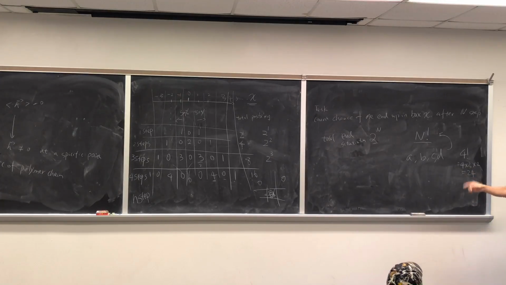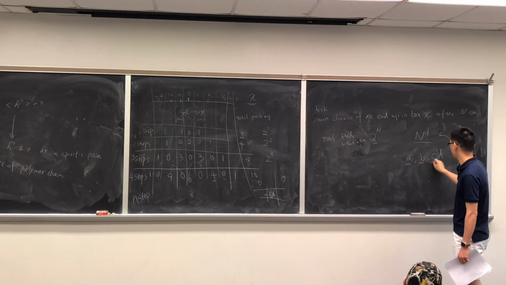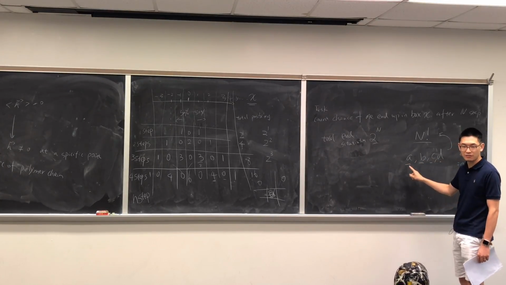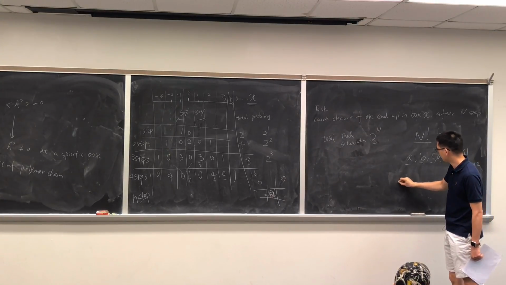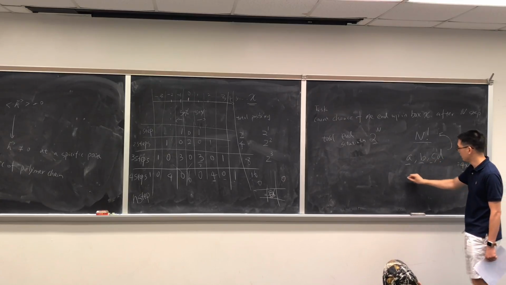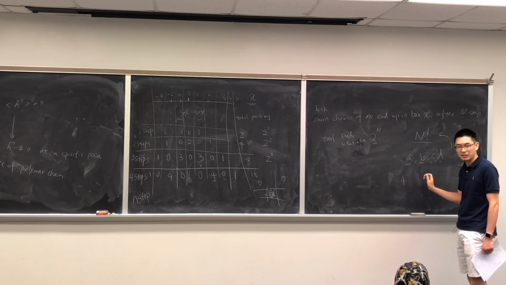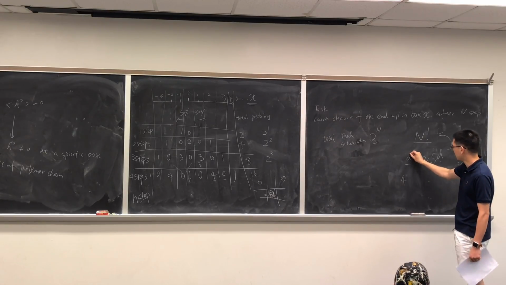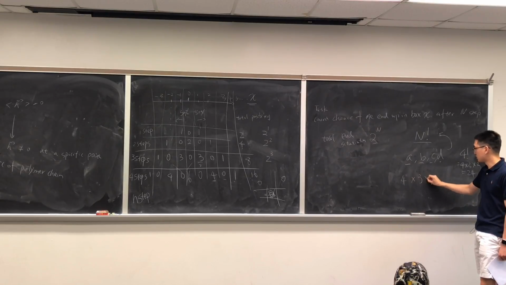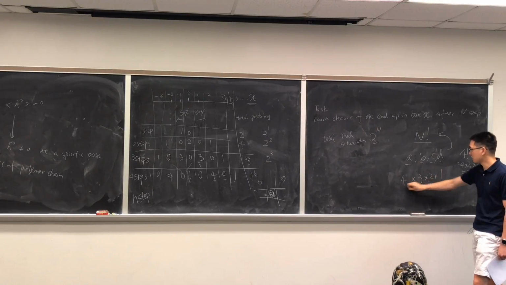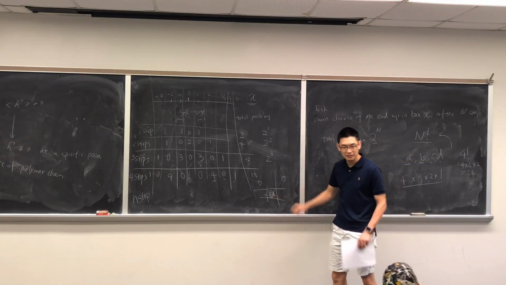If you want to arrange 4 letters, you can pick any of them first, so you have 4 different possibilities for the first one: A, B, C, or D. Once you take one out, the rest only have 3. Say we take A out, then B, C, D can be arranged, so you multiply by 3. That's how many ways you can arrange all these. The same concept works here.